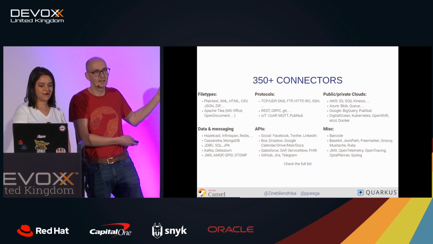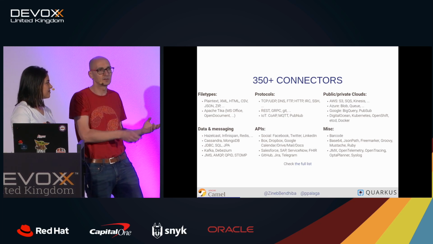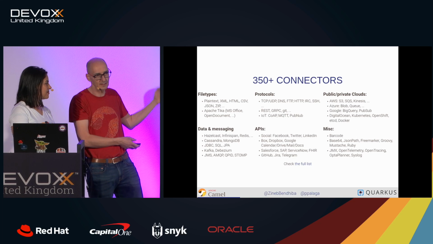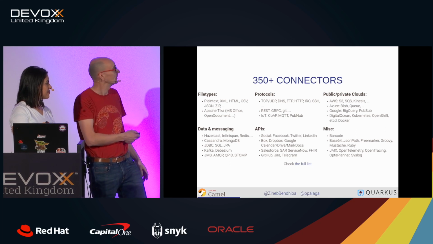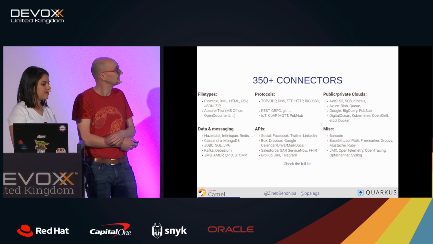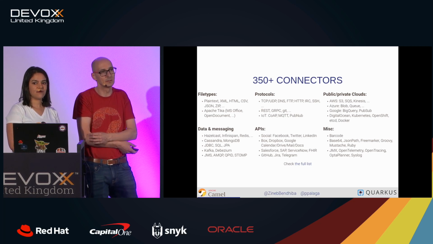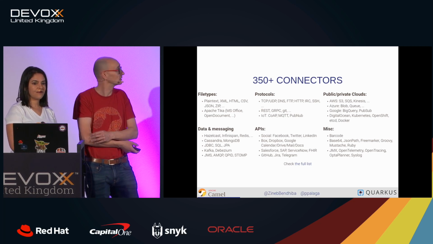So what we have inside, on one hand, we have things like reading various file types, office types, flat files, and so on. Then we have connectors for taking data through various protocols, then some well-known public clouds such as AWS, which we are going to demo today, and many others.